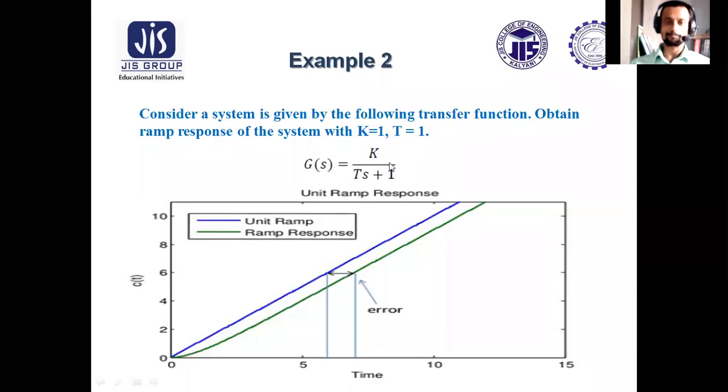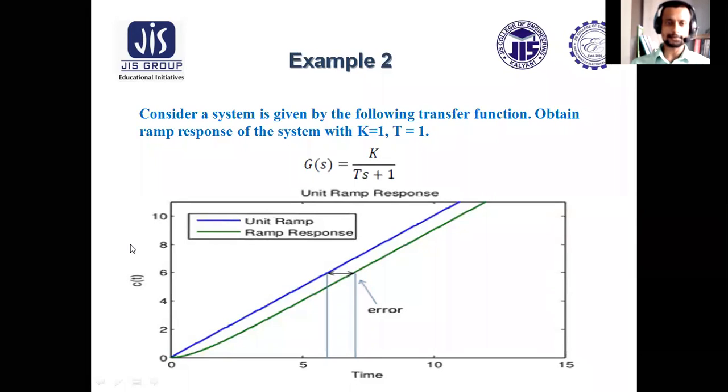Now when T equals 1, this error will not be very much. If T increases, as we discussed, at the end the final error will be T. So if T is less, error will be less, so the gap between these two will be very small.